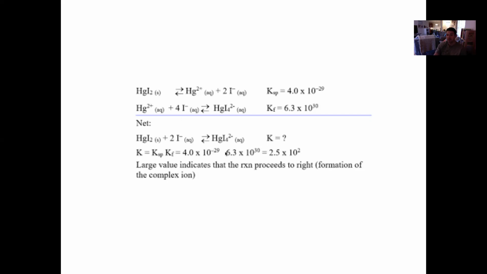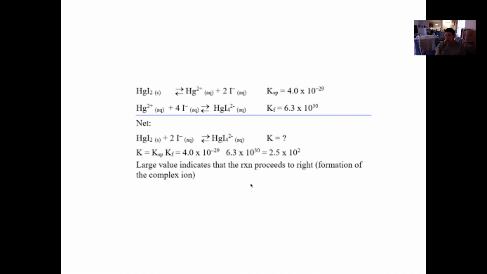So we would multiply these two numbers together, and we now get 2.5 times 10 to the second. Now that is a number larger than 1, so it's going to tell us that the reaction will move to the right. It will favor the products. So the large value indicates that the reaction proceeds to the right. We will form this complex ion.